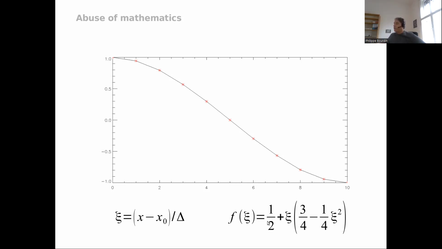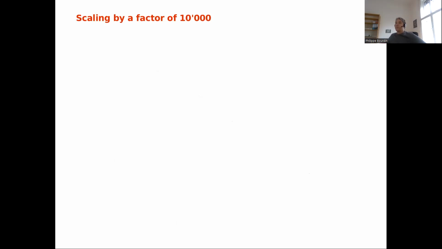If you write out the polynomial with all of the orders, xi, xi squared and xi to the power of 3, then you have 3 multiplications, and in this case you have only 2. That, of course, makes it even more efficient. That is a way how you can abuse mathematics, so to say, in order to get more optimal code, like approximations of functions. Yes, maybe I should quickly go on, if I can, we have another 5 minutes maybe.